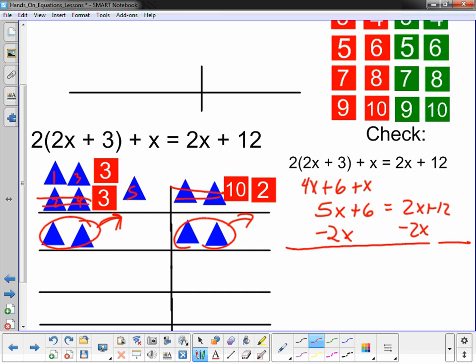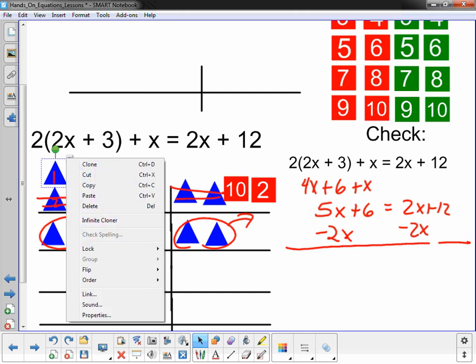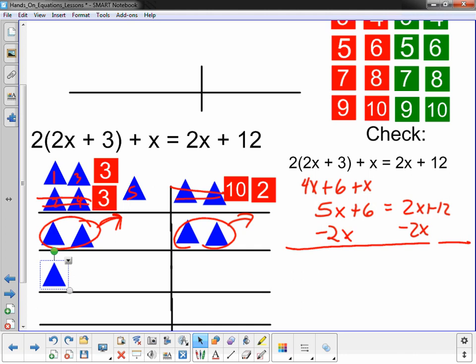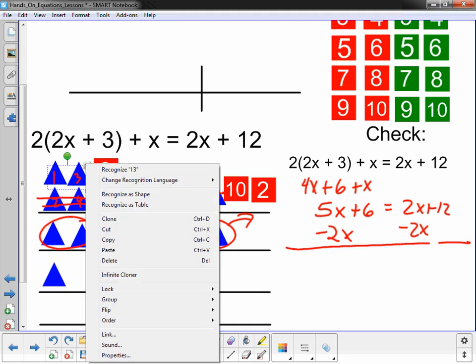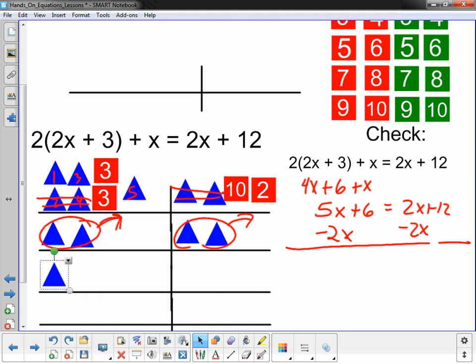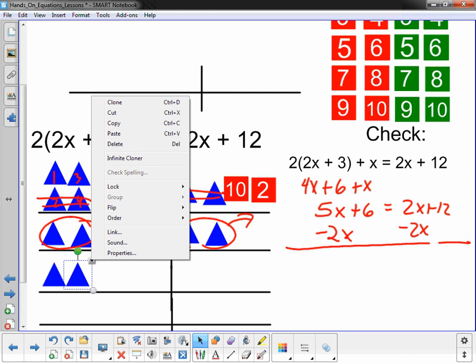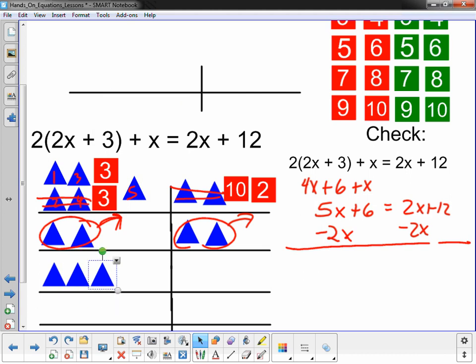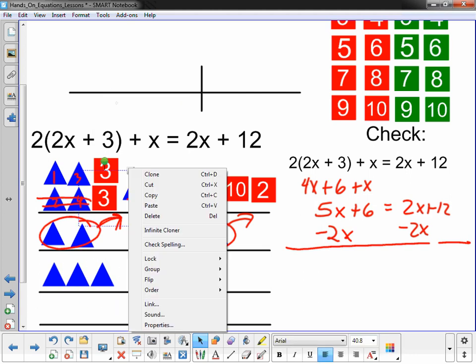Now let's see what I have left. On the left here, I've got 1 and the 3. Whoops. I got 1, 2, 3 x's all by themselves. And then I got the 2 3's.